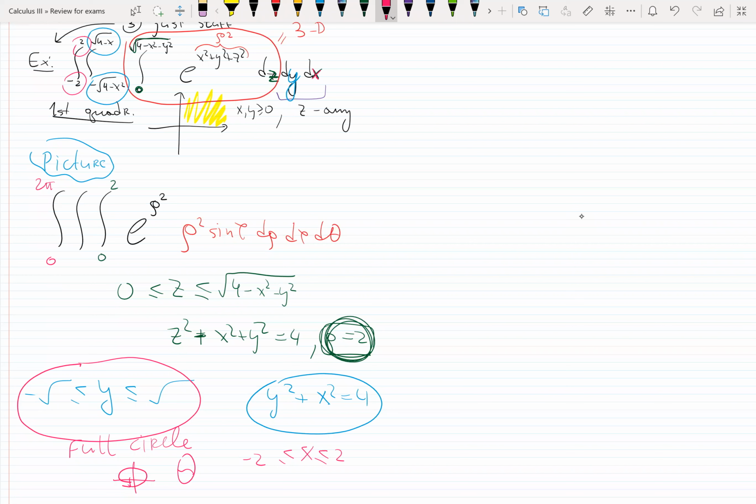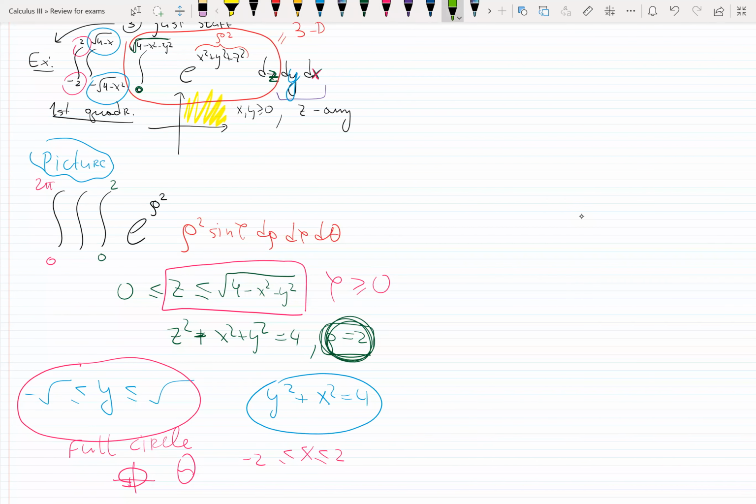Maybe the phrase about the first quadrant was about a different problem. Oh, no, it's fine. But phi is not going down to the negative z. This kind of restricts phi. Phi has to be positive because it's the upper half of the sphere, z.